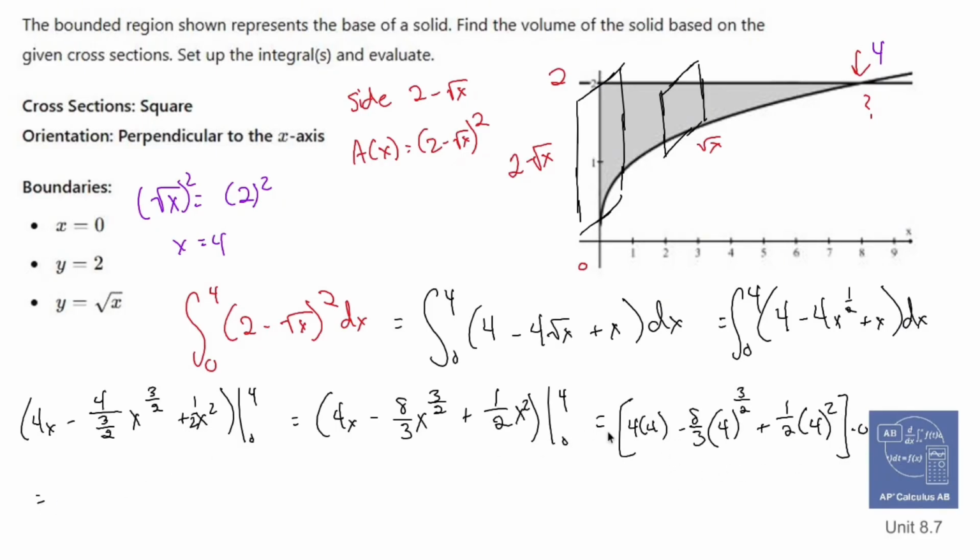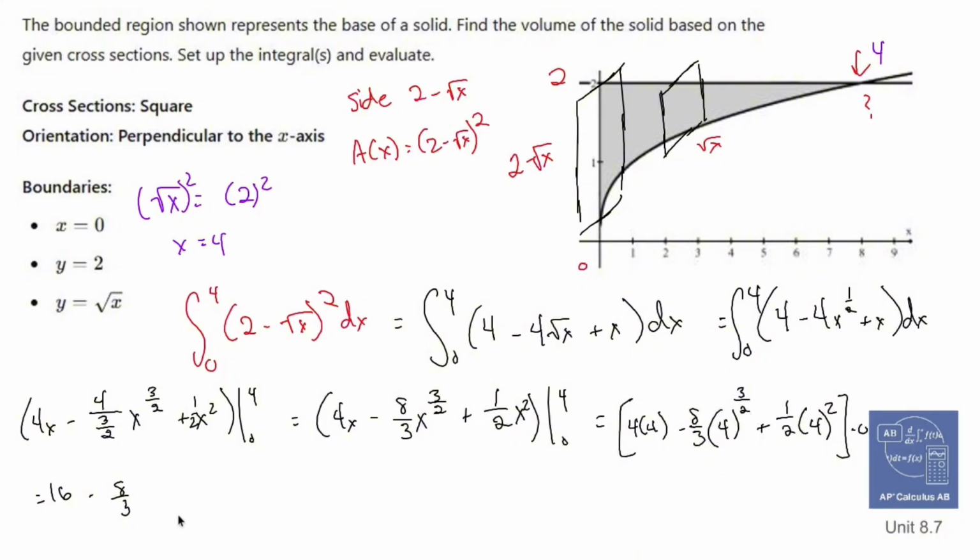So it becomes 16 minus 8/3. If I square 4, I get 16. And the cube root of 16 is going to be 2 root 2. No, it's not, 2 cube root of 2. Yeah, there's nothing I can do about that. Oh, no, I take it back. I'm cubing 4, which is 64.